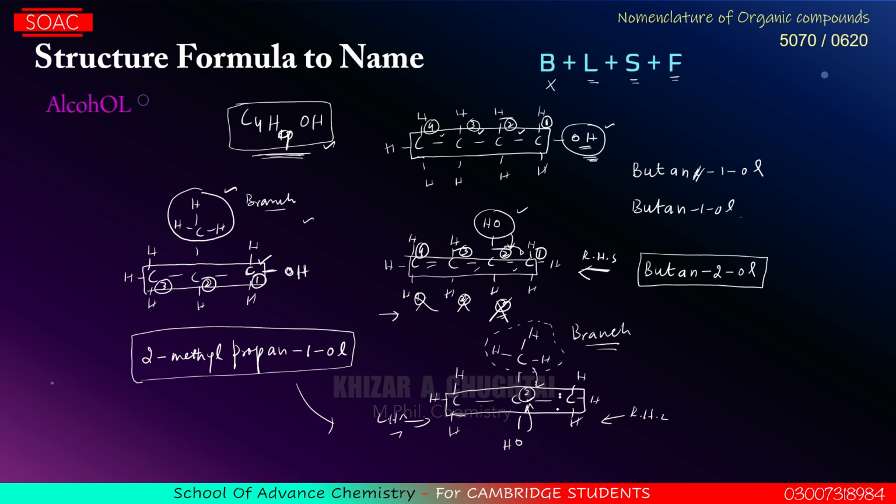So what is its name? First of all, we will write the branch, its number and name. Number is 2, dash, name is methyl, 2-methyl. The next thing is the longest chain, 3 carbons.